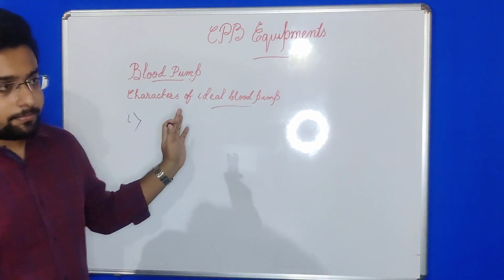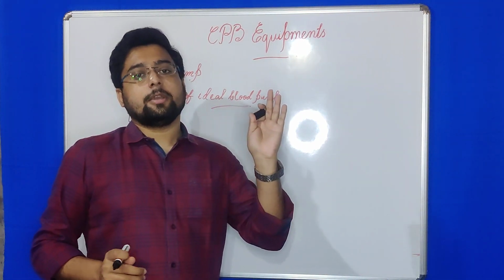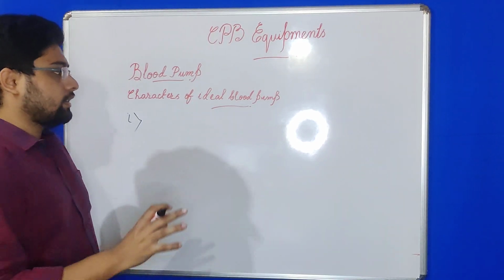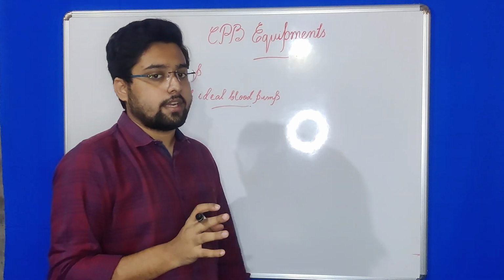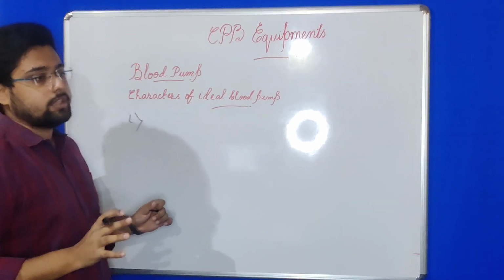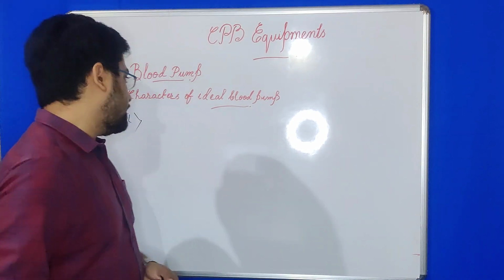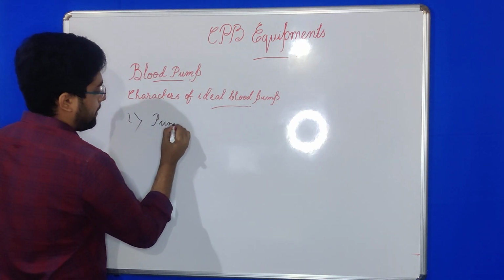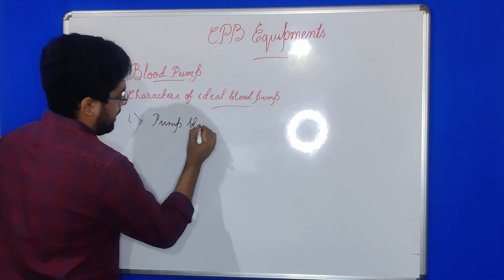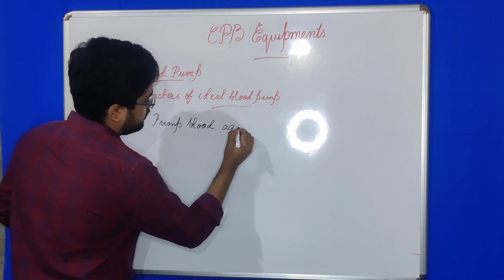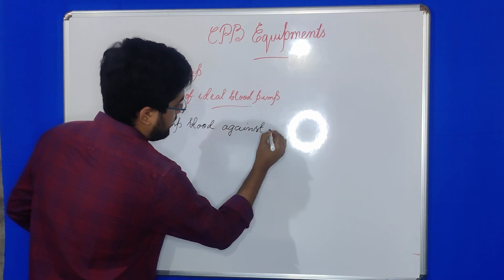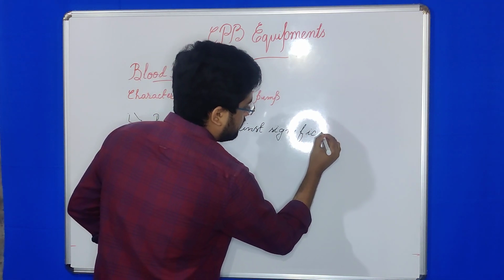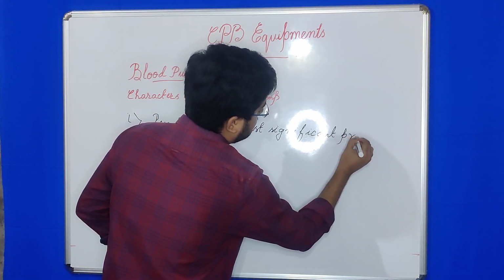In the case of the blood pump, it pumps the blood against the systemic vascular resistance as well as the resistance offered by the extracorporeal circuit. The resistance offered by the extracorporeal circuit is minimal, whereas the main role is played by our systemic vascular resistance. So it must be able to pump blood against significant pressure.